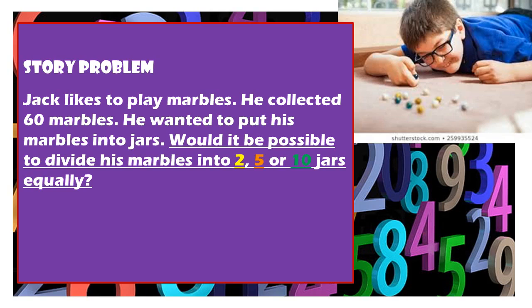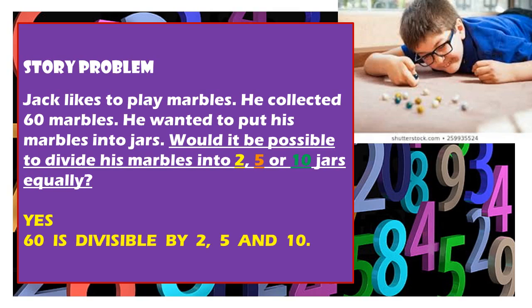Nahati natin. So, ang sagot yan, would it be possible to divide these marbles into 2, 5, or 10 jars equally? Ang sagot ay yes. So, anong ibig sabihin doon? Kapag pwede siyang hatiin sa 2, 5, o 10 magkapantay na grupo, nangangahulugan nito na ang 60 is divisible by 2, 5, and 10.